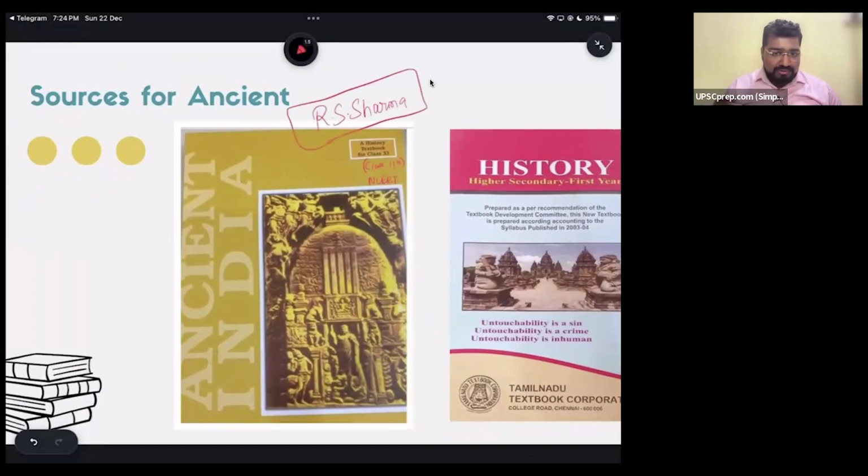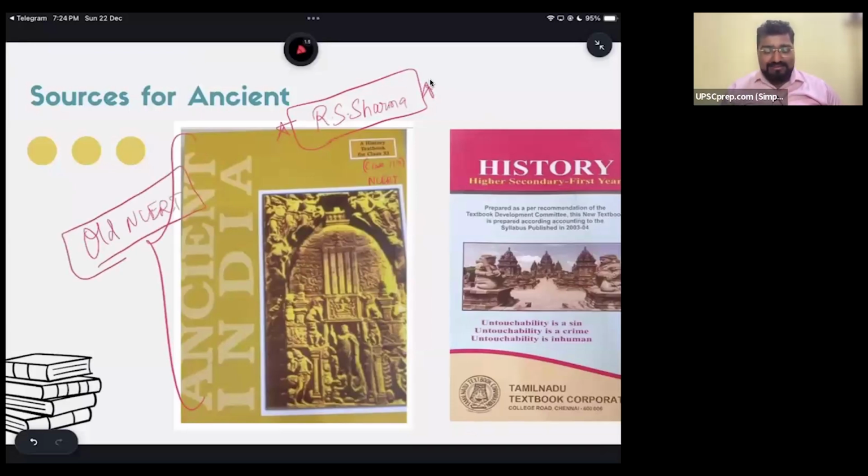The content in both the books, the class 11th NCERT and this book of R.S. Sharma, is the same word by word, because this old NCERT is written by this person R.S. Sharma himself. Okay, so you need not get confused whether to read the old NCERT or R.S. Sharma, or the new NCERT, we will talk about that also. We'll also have a discussion over the reading of old NCERT and new NCERTs, right?